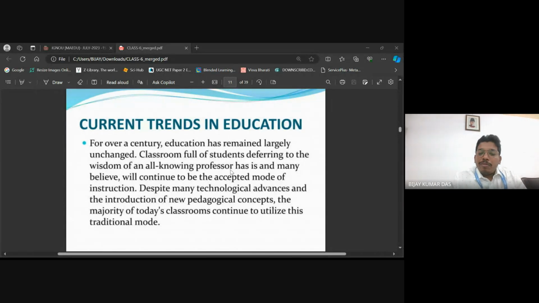So, in my point of view, every teacher should have a very positive attitude. Every individual should have positive attitudes to adopt the changes in education as well as in the sphere of teaching learning process, right? So, I hope you got some message about the current trends in education and alternative education. Fine.